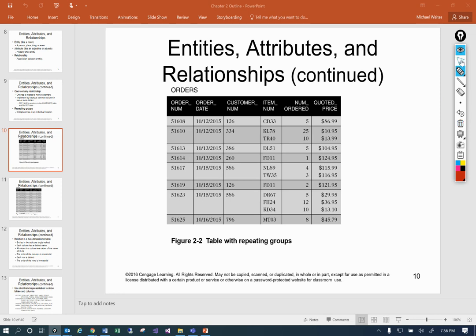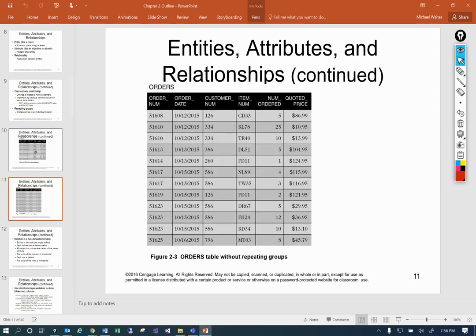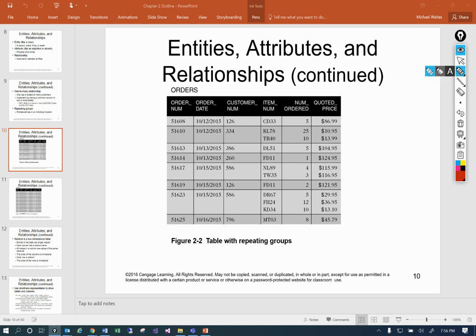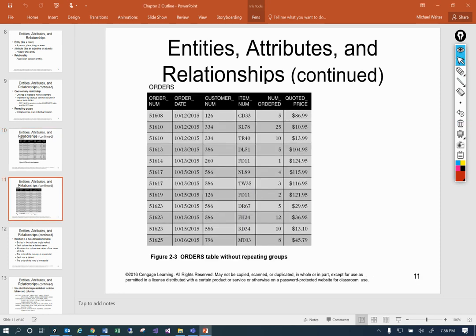Whereas at least this version, because we've broken out these repeating groups into their own rows, this is first level. Just understand that for the time being. We're going to get into that a little bit more down the road, but I wanted to make sure I pointed those out before I went any further.